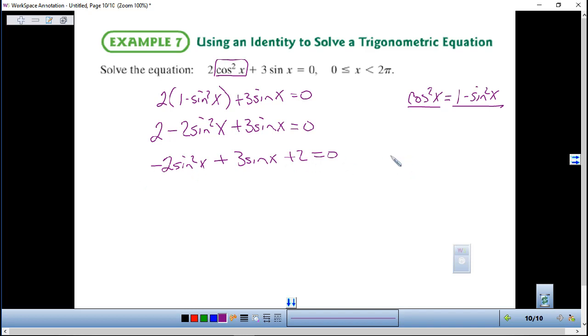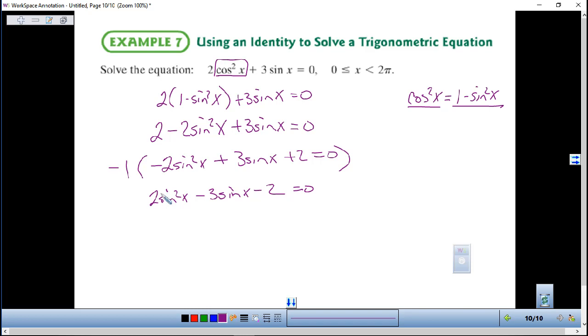And I'm going to multiply through by negative 1 just because I don't like this negative 2 out front. I'm going to multiply the entire equation by negative 1. It's just going to change all the signs. So that's going to give me 2 sine squared x minus 3 sine x minus 2 equals 0.